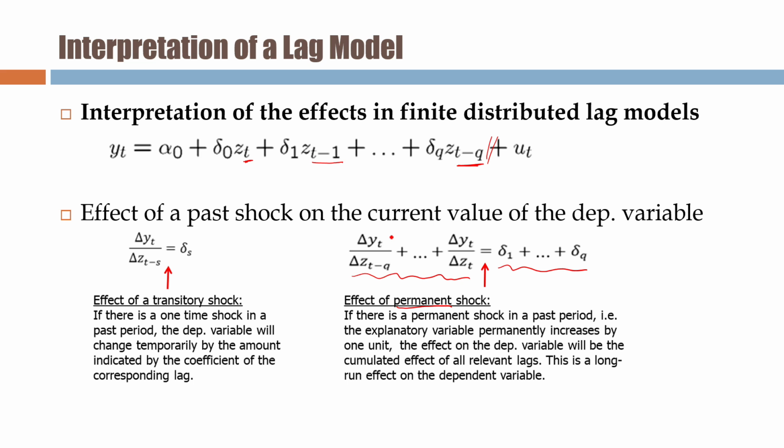Last year's things also affect the current year. So if we have this kind of equation, because last year affects this year, next year last year becomes 2 years before, right? So that will affect the same thing. If something happened last year, it will affect today this much.